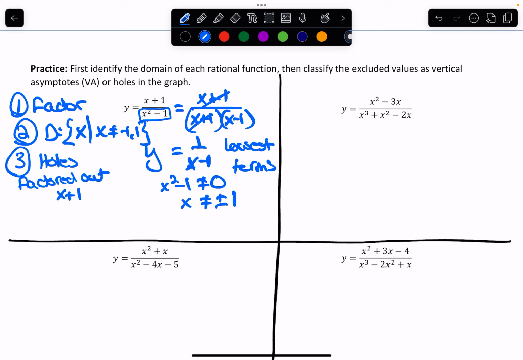Now we're going to see where that equals 0. When we move the 1, we get x equals negative 1. So this means that we have a hole at x equals negative 1. So what does that mean? If we look at our domain here, we already used negative 1. We still have the 1. That means that our vertical asymptote is going to be x equals 1.